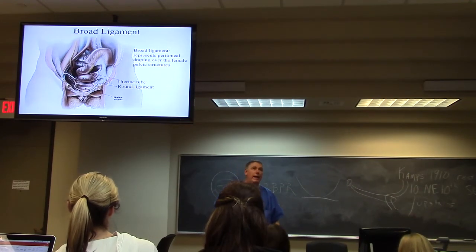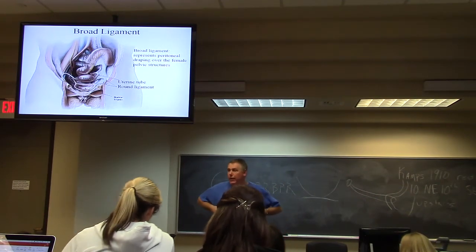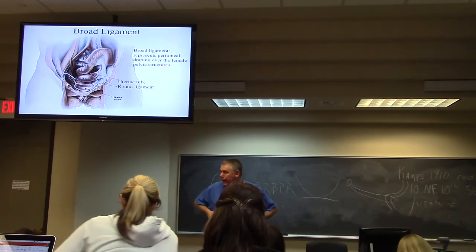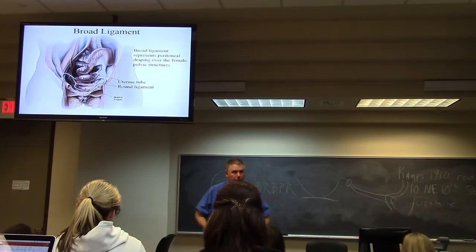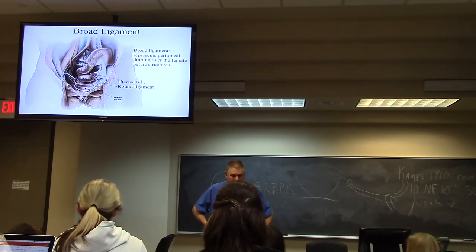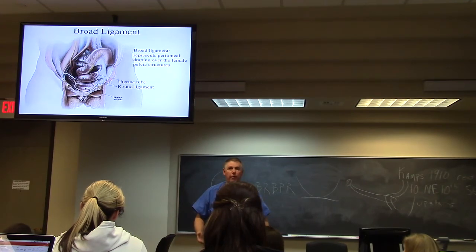Now, you've got the parietal peritoneum up here, right, under the diaphragm. You got it around here like that. The parietal peritoneum, if you just think about it, when it gets down to the bottom here, it just continues and covers all of the pelvis. That's called the broad ligament.